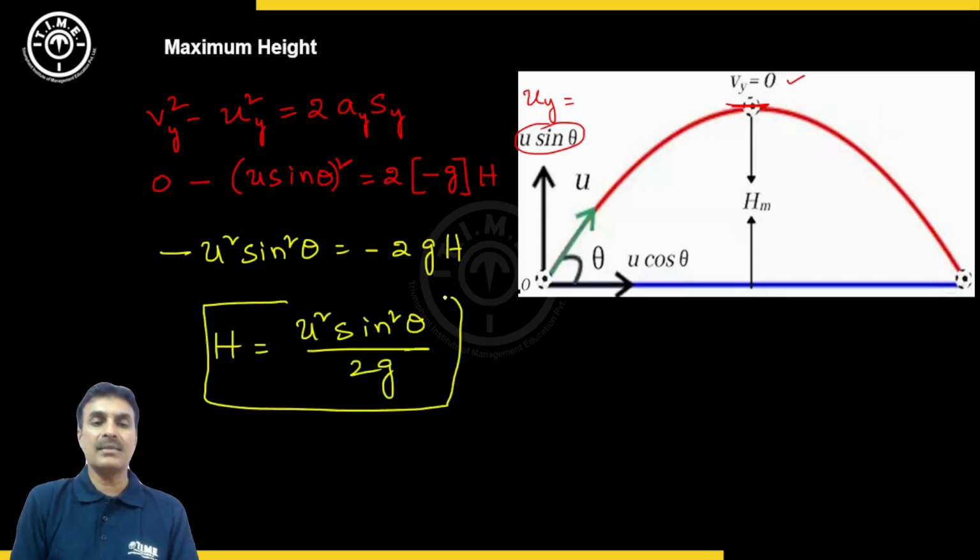This is the maximum height reached by a projectile when the angle is given with the horizontal. Suppose the angle is given with the vertical, theta angle with the vertical, then your horizontal component would become u sin theta and the vertical component becomes u cos theta. Please make a note of that change. Right. So the maximum height is u square sin square theta by 2g.